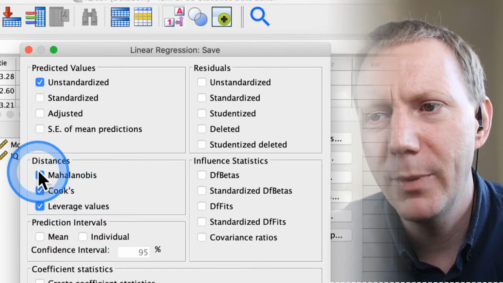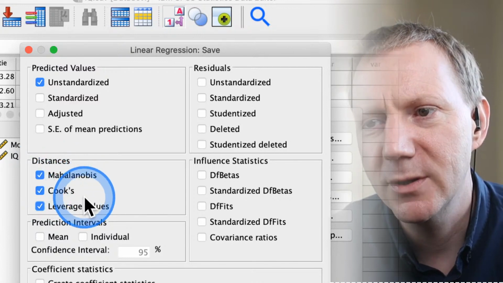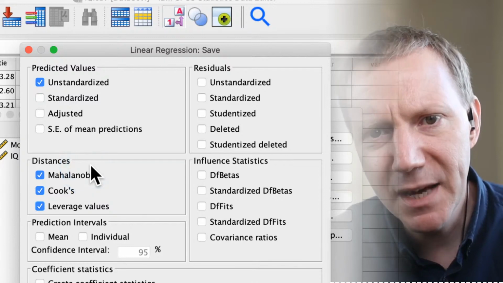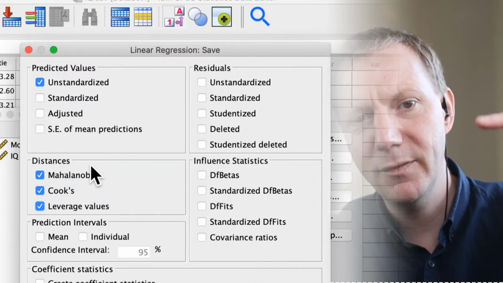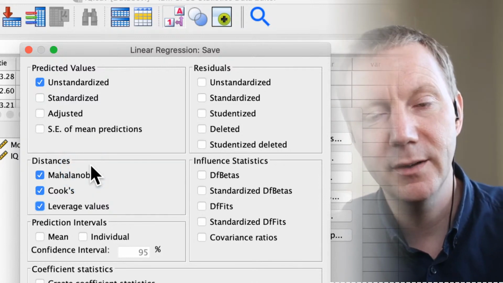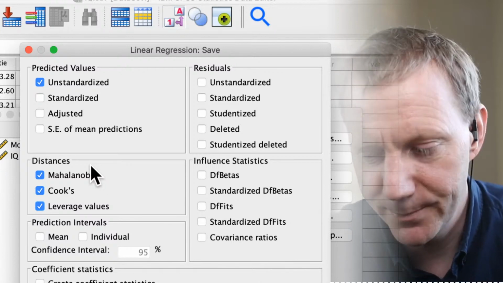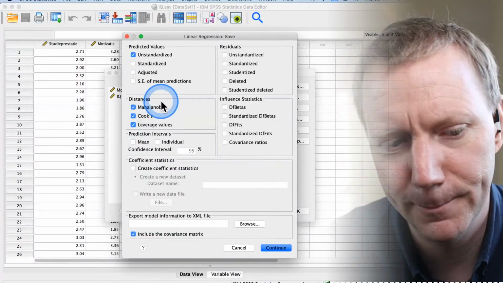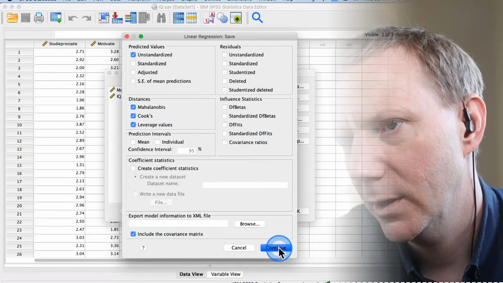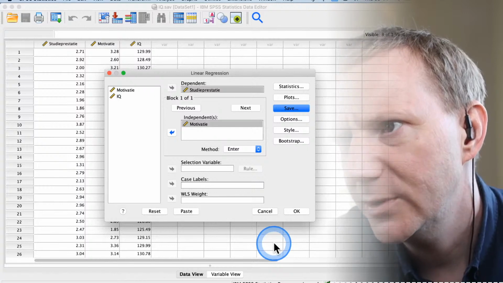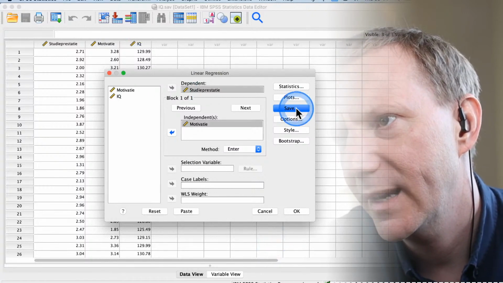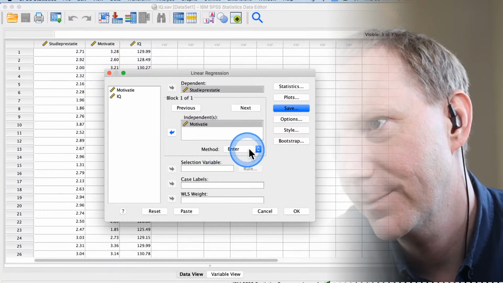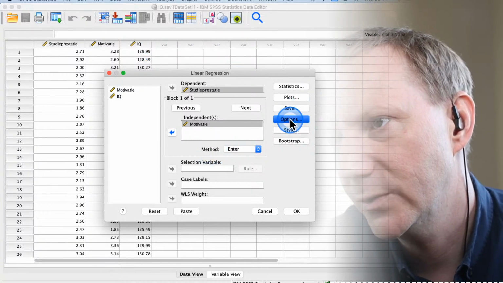By adding the Mahalanobis, Cook's distance and leverage values to your dataset, if you have an outlier, you can easily find them by looking at the column, finding the value, and then you know who it is. This is useful information to add, not to the output, because everything under save creates a new column in your dataset. But it's useful to add.